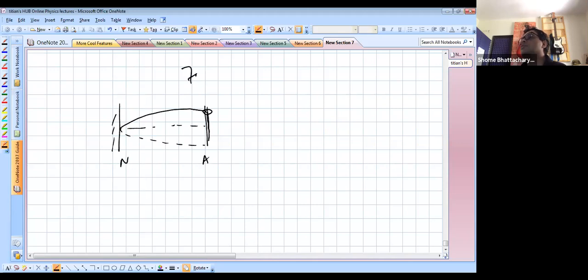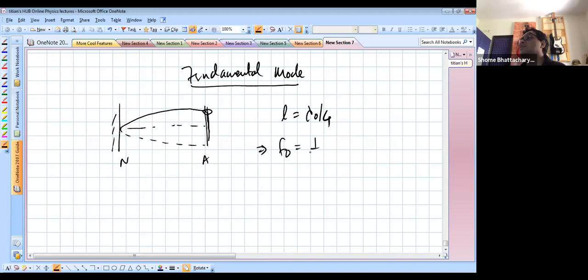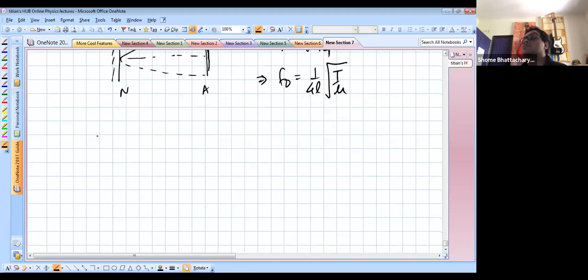So the length is lambda by 4. The fundamental frequency has the formula 1 by 4L square root T by mu. Now similarly, the first overtone will look like this.